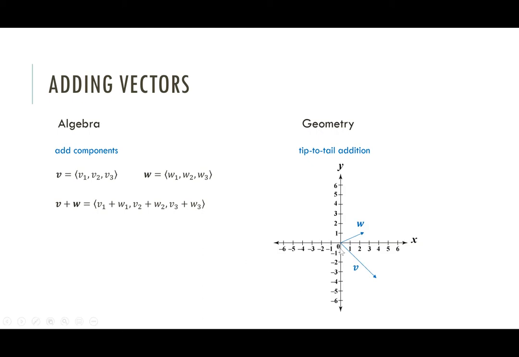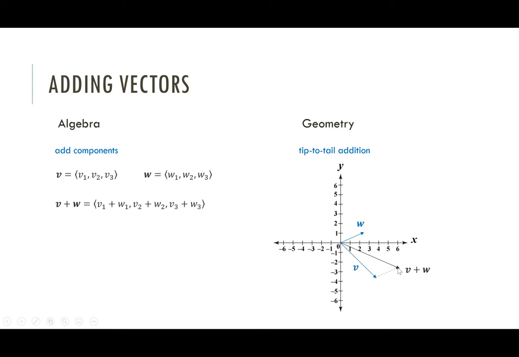So for example, suppose we have a vector v down here and a vector w here. Then to add w to v, what you might do geometrically is take this vector w and slide it until it comes off of the tip of v. And then the vector v plus w is the vector you get where this is the new tip.